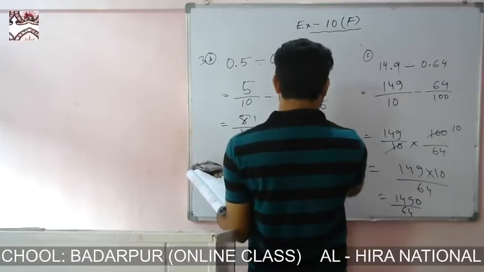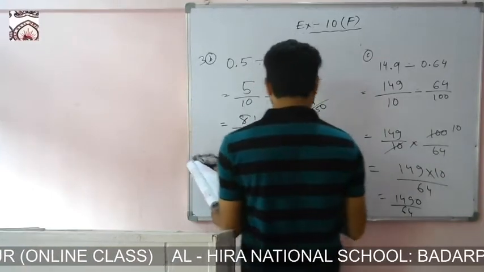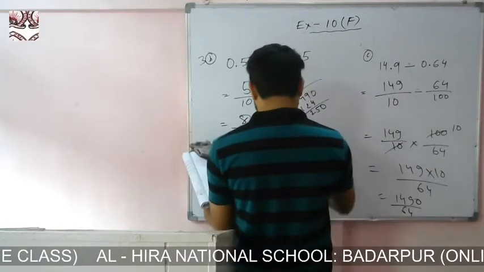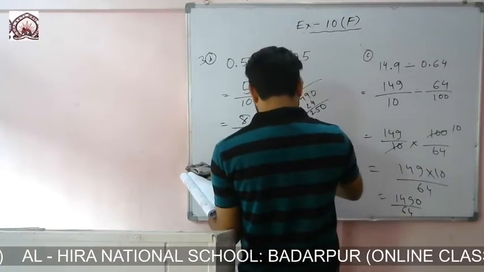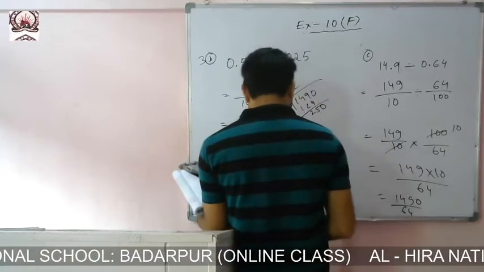Here remain 4, 4 minus 2, 2. 25 not divisible. So we'll take 250. Now let us check with 64. 64 into 2, how much comes? 4 2s are 8, 6 2s are 12, 128. Okay.